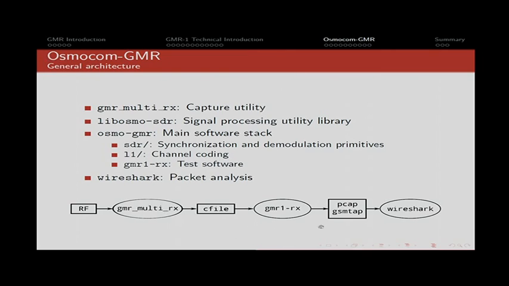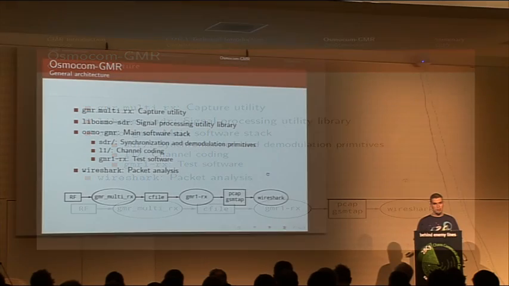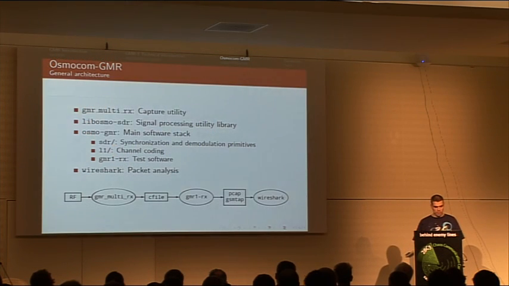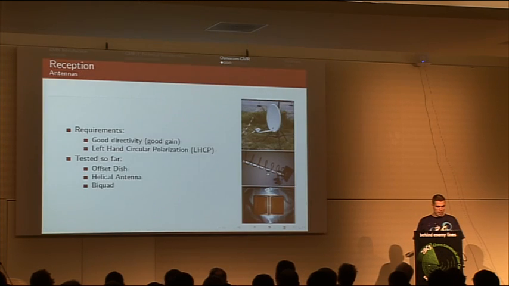Those are processed by the GMR1 RX, which is our main test software application, and they're forwarded to an extended version of GSMTAP to Wireshark, where we can see the packet content and start looking into the data that are exchanged. So let's start with capturing.